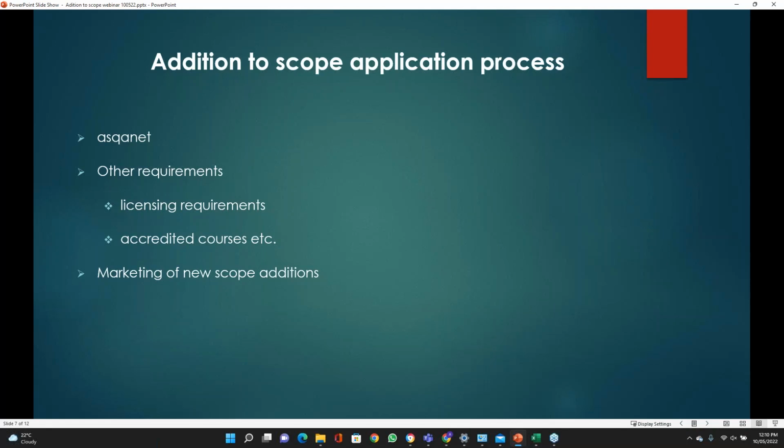The next thing, of course, is that you then need to start looking at the marketing of the scope additions. Please remember that you cannot start to market the course that you've applied to have added to your scope until such time as it is actually on your scope.